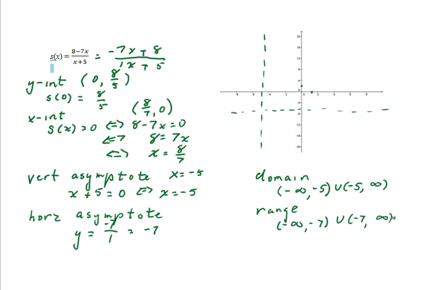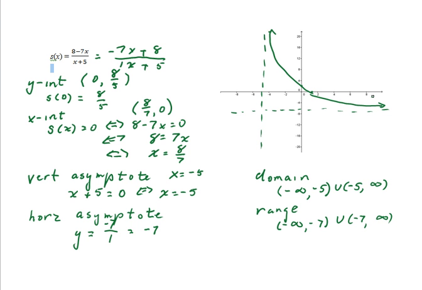So we know that our function is going to go through both of the intercepts and approach the vertical asymptote as we move to the left and the horizontal asymptote as we move to the right.